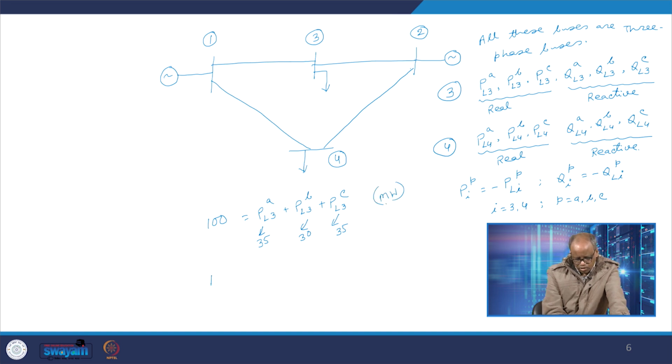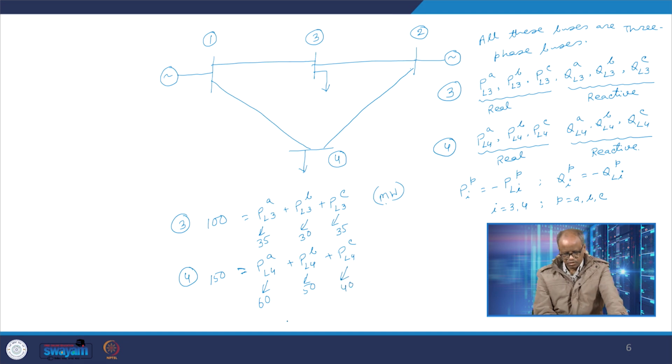And the total load at bus 4 is 150, equal to PL4A plus PL4B plus PL4C. Say this is 60, this is 50, this is 40, all in megawatt.